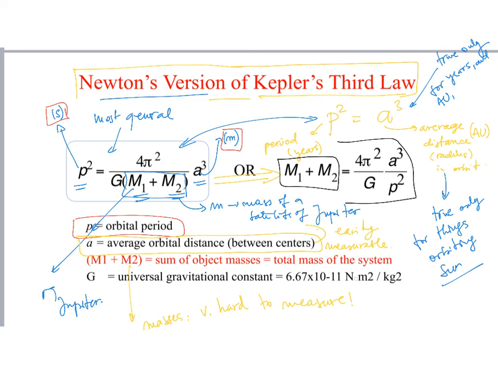So very interestingly, these things you measure and then you calculate the masses. This Newton's version of Kepler's third law is an amazing tool to measure masses, to calculate masses. All right, so very important.